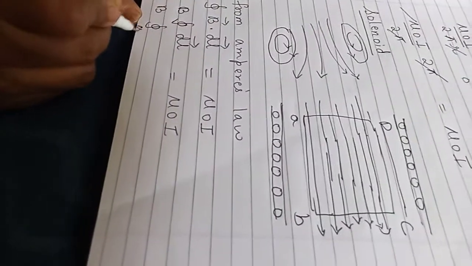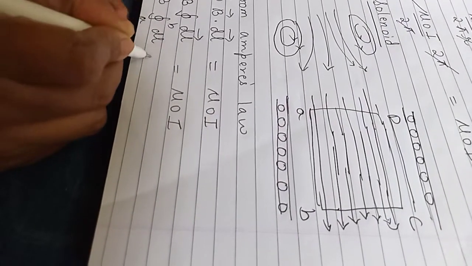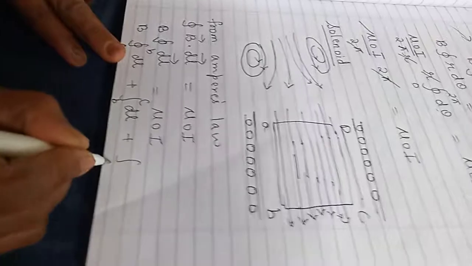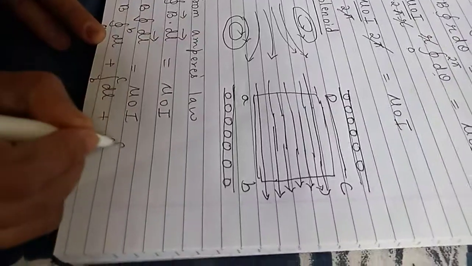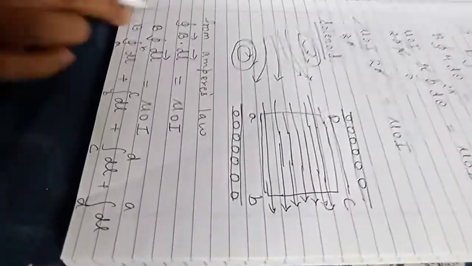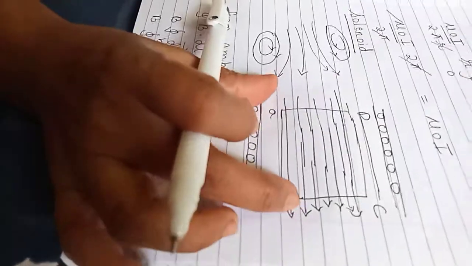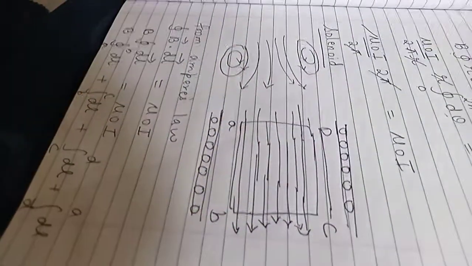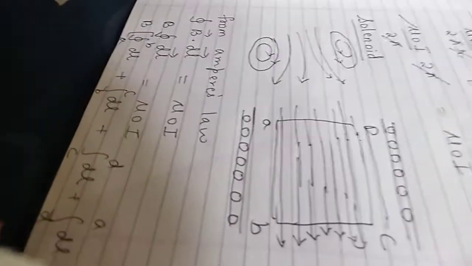Integration from A to B of dl plus B to C of dl plus C to D of dl plus D to A of dl. Do you understand, students? Why did we take it like this? B dot dl, dl is length AB plus BC plus CD plus DA, and B is common to everybody, which is as usual equal to mu naught I.